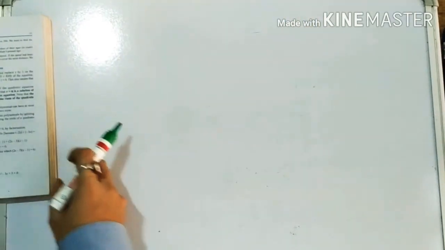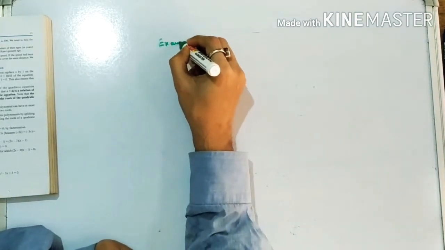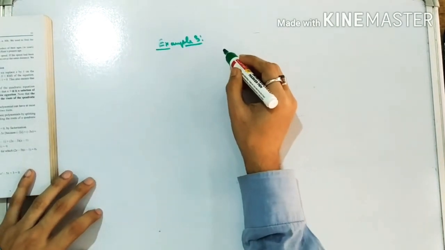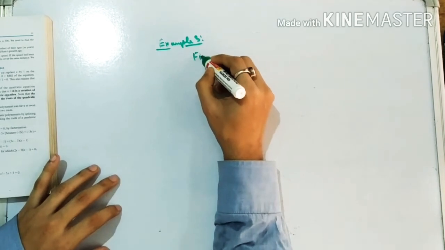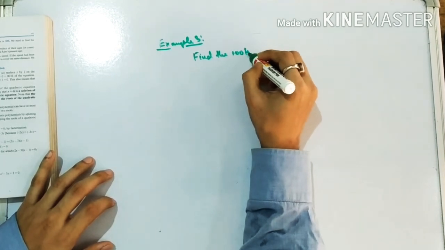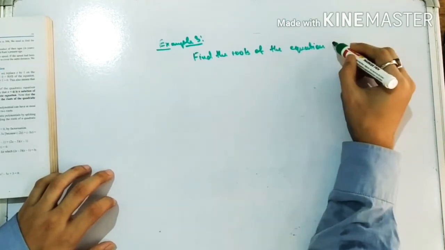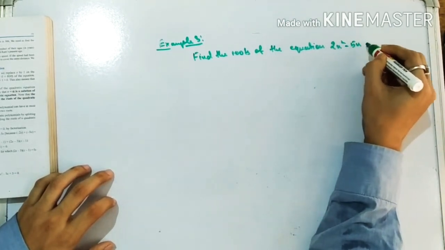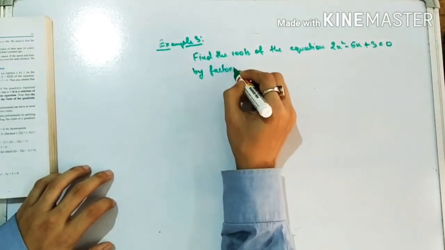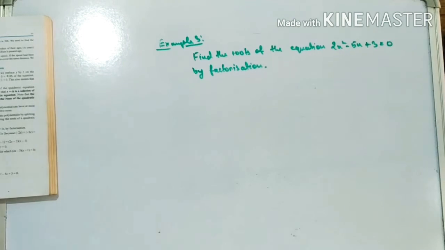Okay, now you see. This is your example 3. Find the roots of the equation 2x square minus 5x plus 3 is equals to 0 by factorization.